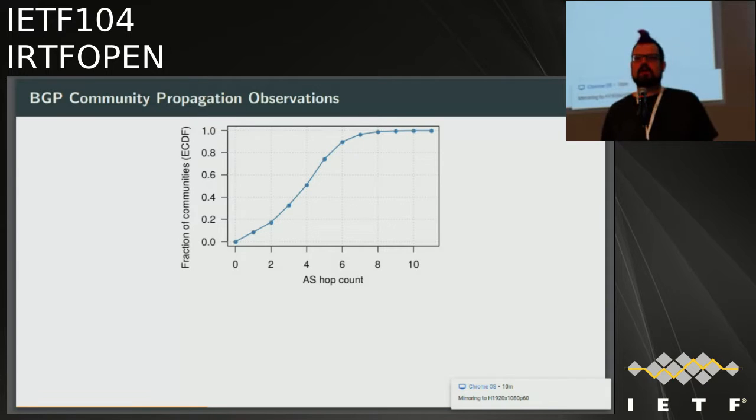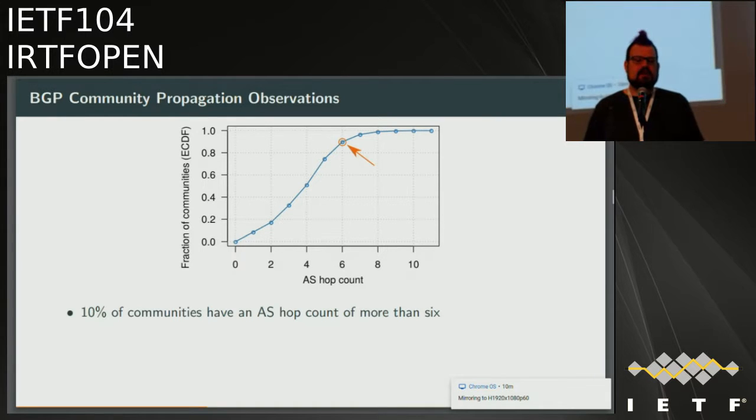So if we plot these values, which again is the lower bound of travel distances, we end up with this ECDF. On the x-axis you see the AS hop count, and we find that 10% of communities have an AS hop count of more than 6, so they traverse more than 6 different ASs from where we assume them to have been added.